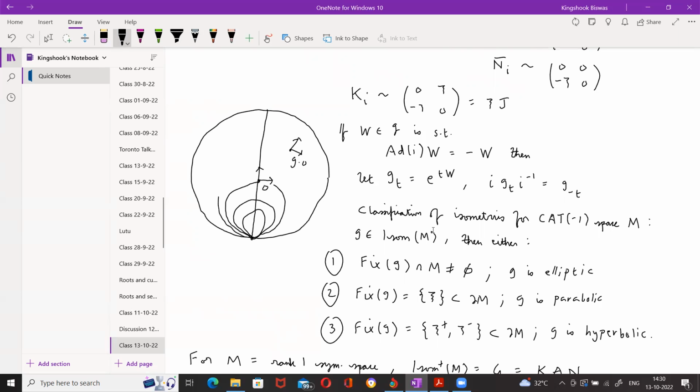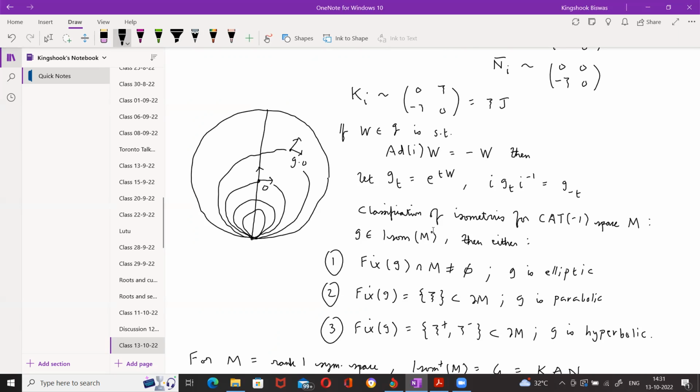Now if I want to show that G is equal to KAN, what are my elements K, A, N? K is going to be the stabilizer of the origin, so these will be rotations around the origin. A will be the translation along this geodesic, and N will be the translations along the horospheres.